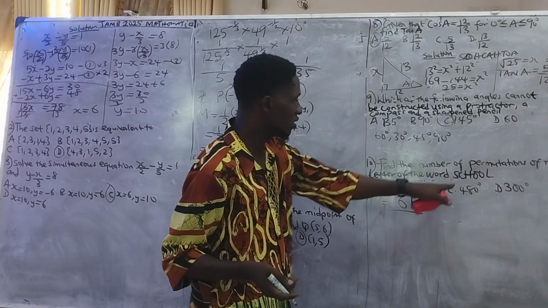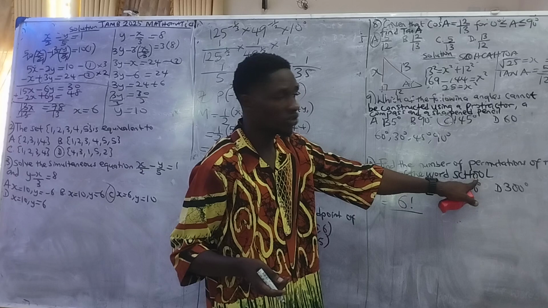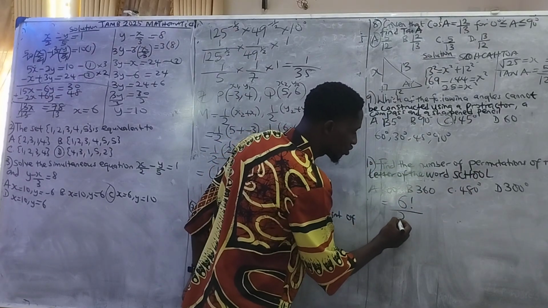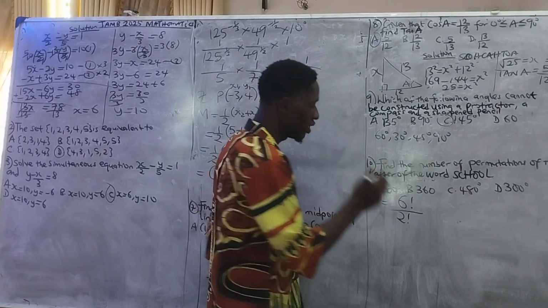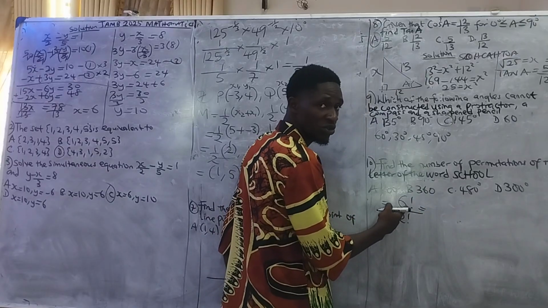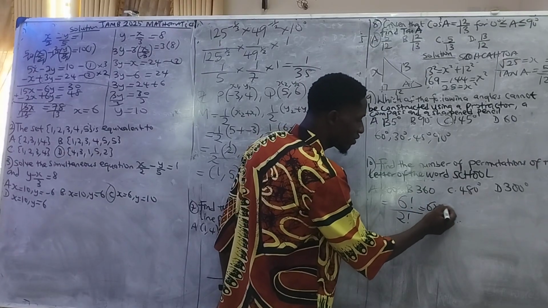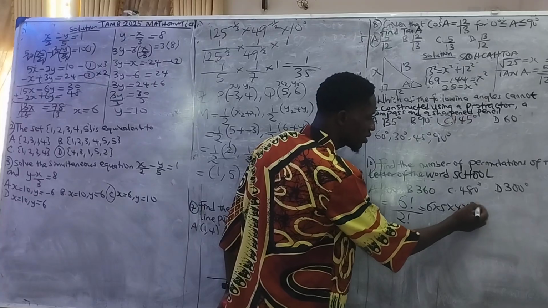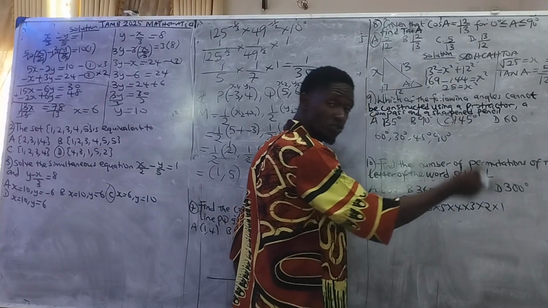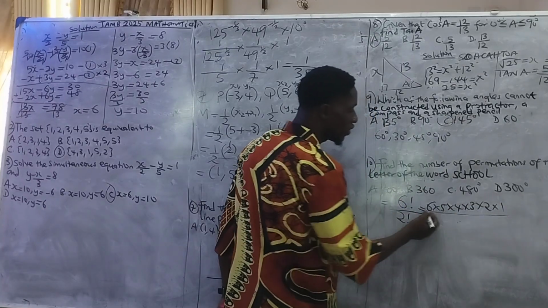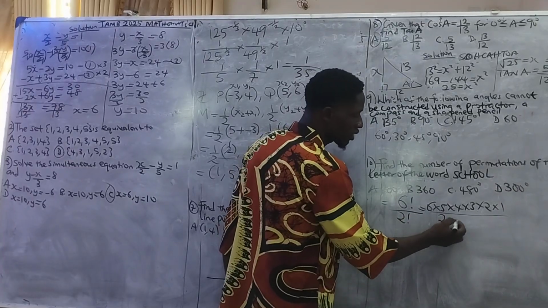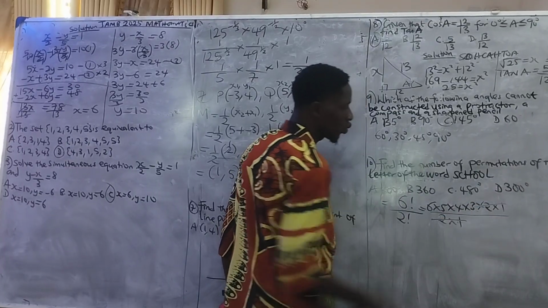You can see that it's only O that occurred more than once, and it occurred 2 times, so you put 2 factorial. What does factorial mean? It means 6 times 5 times 4 times 3 times 2 times 1, continuing down to 1. Over 2 factorial, which means 2 times 1. This and this will cancel.